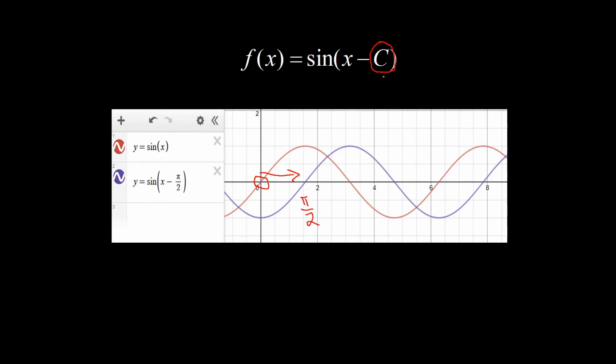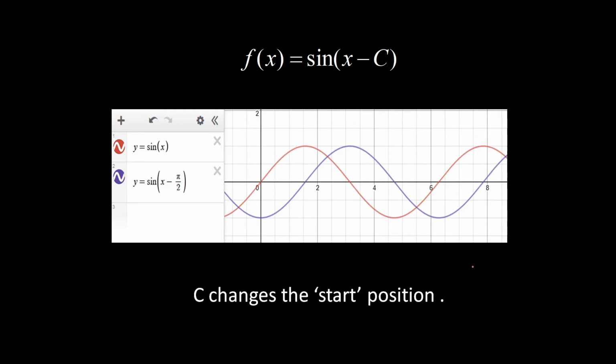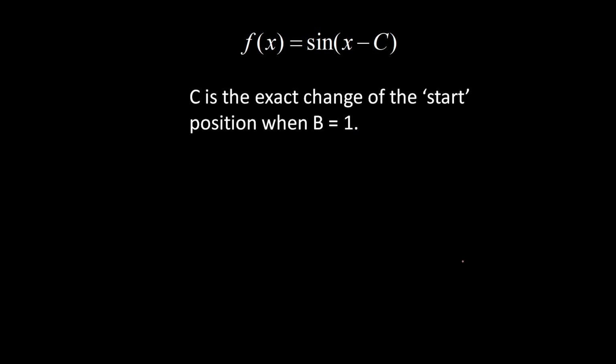If c is negative, that will move the function to the left. So again, c is the exact change of the start position when b is 1.